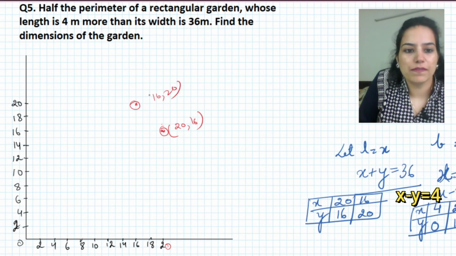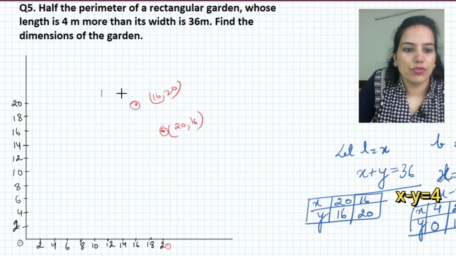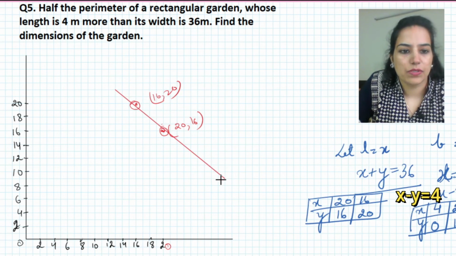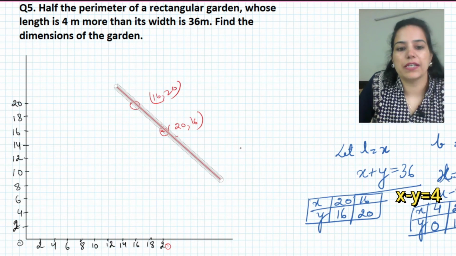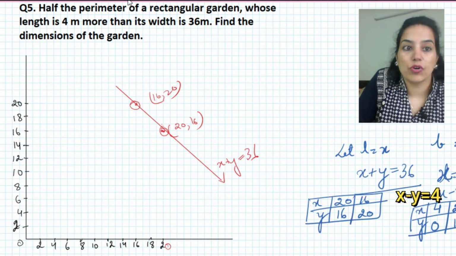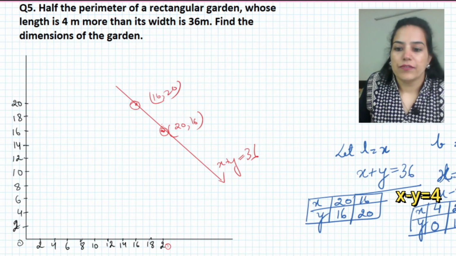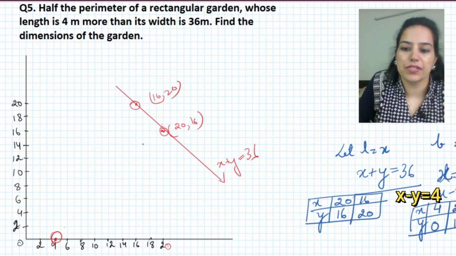I hope you have your graphs with you and you're drawing along. And if I join them, this will go something like this. So this is the x plus y equals 36 line. Right, now let's plot the other one. 4 and 0. So this will be itself 4 and 0. And the other point is when x is 20, y is 16.